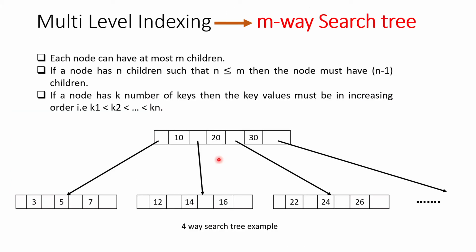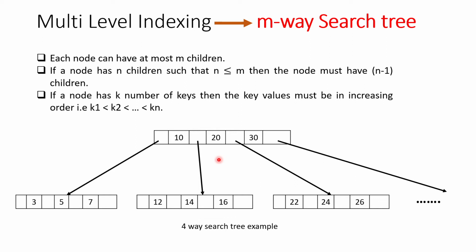So according to this M-way search tree, how can we define it? We can say that each node can have at most m children, at most m number of children. Second point is that if a node has n children such that n is less than or equal to m, since it is at most m, it can be m minus 1, or m minus 2 also.